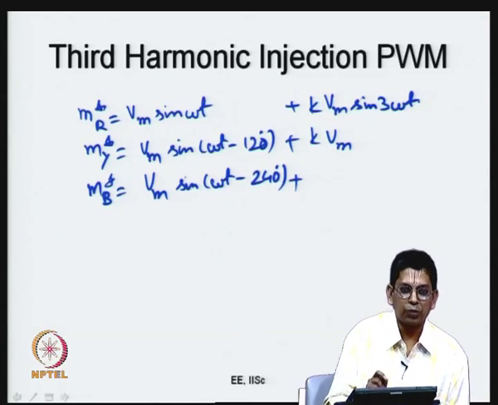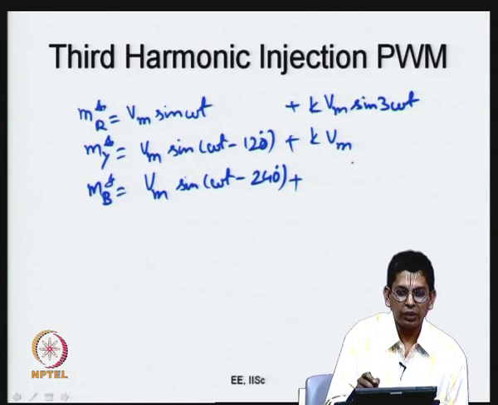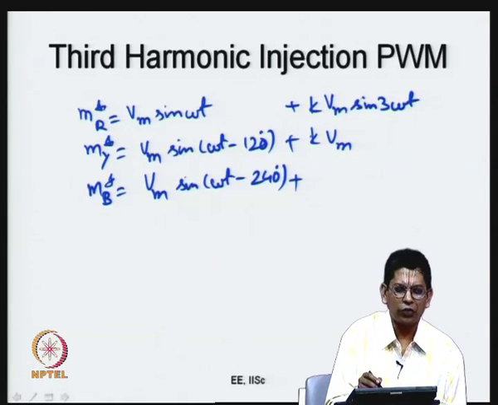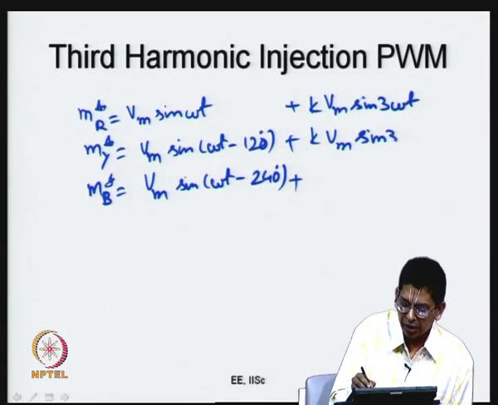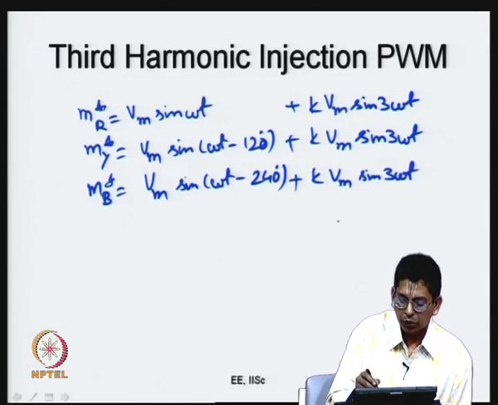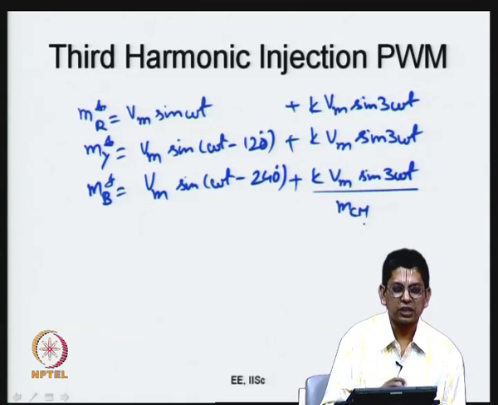This is a third harmonic component, and its amplitude is a fraction of Vm. Now, this fraction can be 0.05, 0.1, 0.16, and so on. It is the same k Vm sin 3 omega t added to all three phases. This is what is called the common mode component.